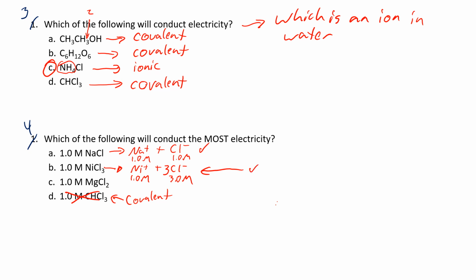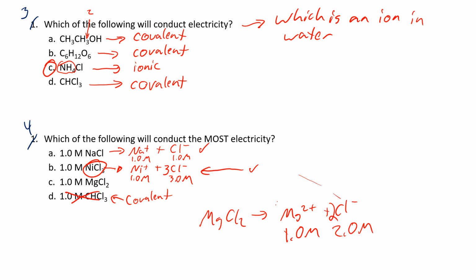Now MgCl2 will produce Mg2 plus and Cl minus, but it'll produce 2 of them. So when it dissolves, again, MgCl2 is very soluble. So it'll produce 1.0 molar, and this will produce a 2.0 molar solution. But note the concentrations of this one is actually the highest.